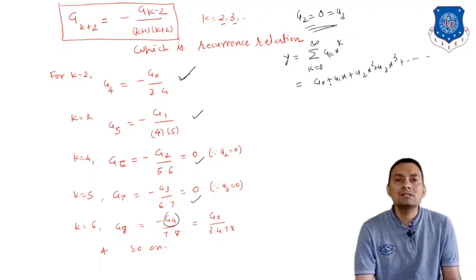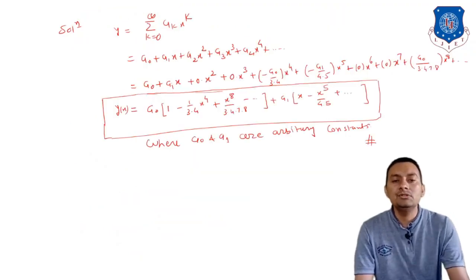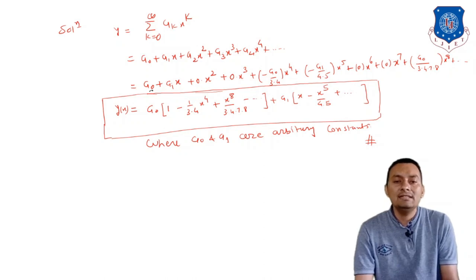Now I am going to substitute all these to obtain the coefficients. a2 and a3 are 0, but we can replace a4, a5, a6, a7, a8 and substitute them. You can see a2 is 0, a3 is 0, a4 we have, a5 is there, a6 is 0, a7 is 0, a8 is there.